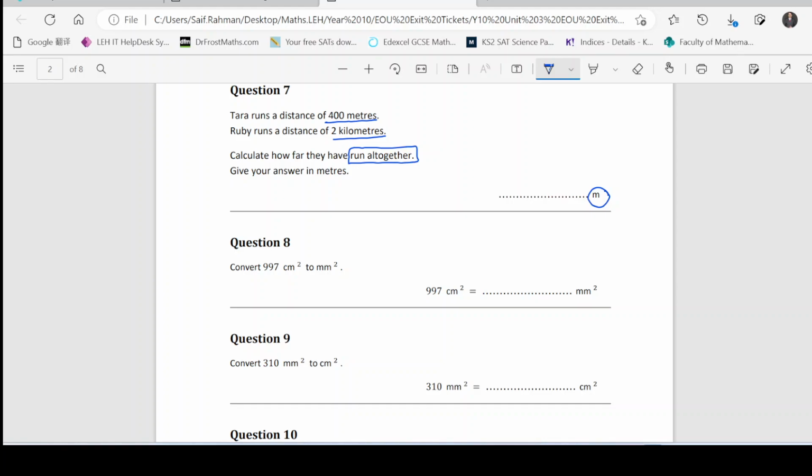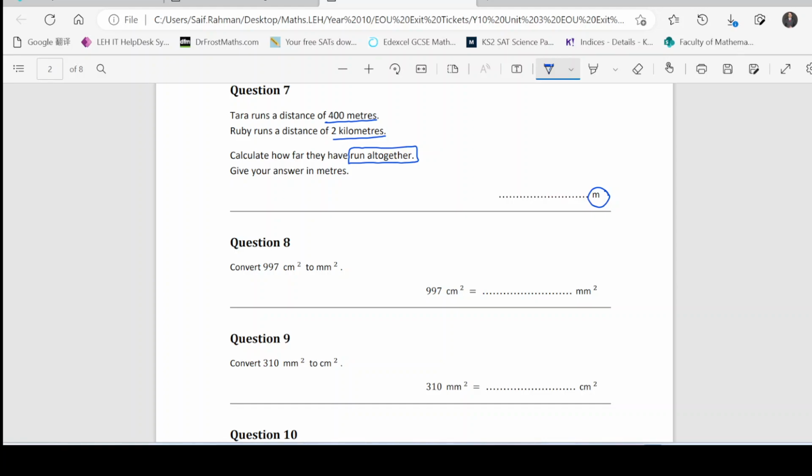When we convert from a bigger unit to a smaller unit, our answer will be a bigger number. So to make a bigger number, we have to multiply. 2 kilometers times, to meters, there are 1000 meters in 1 kilometer.